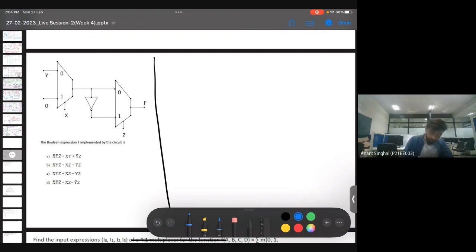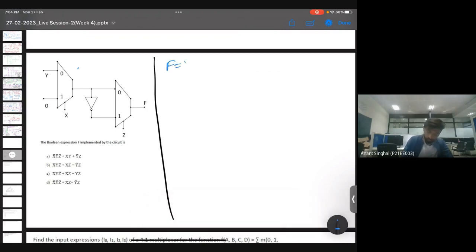So this is a basic circuit. So we need to calculate what is F here. Anyone? This is quite basic.